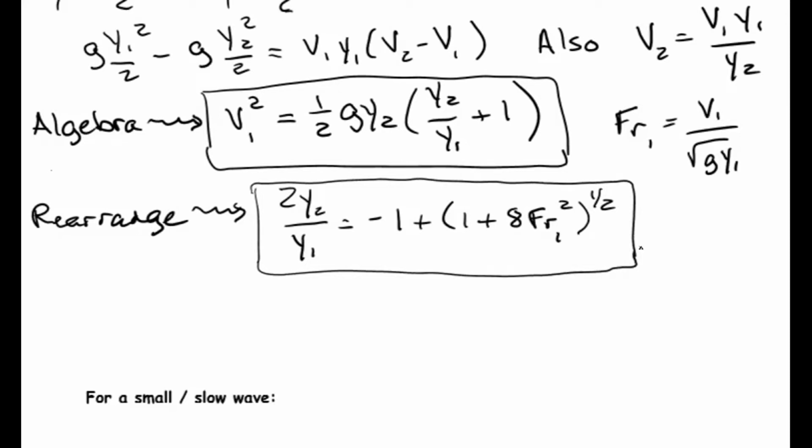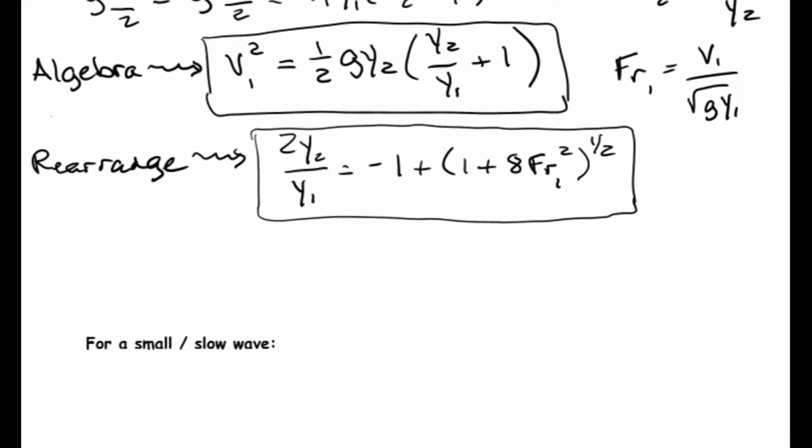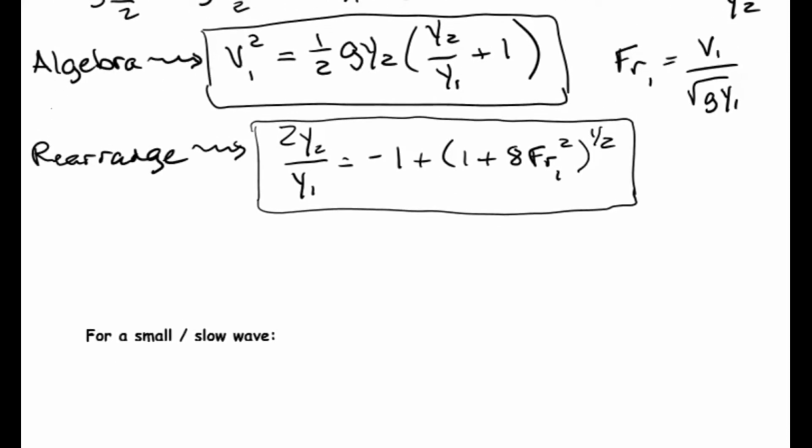So let's think about these equations in terms of an infinitely small wave. If it's an infinitely small wave, what that means is y1 and y2 are about the same, which means the ratio y2 over y1 is approximately equal to 1, right?